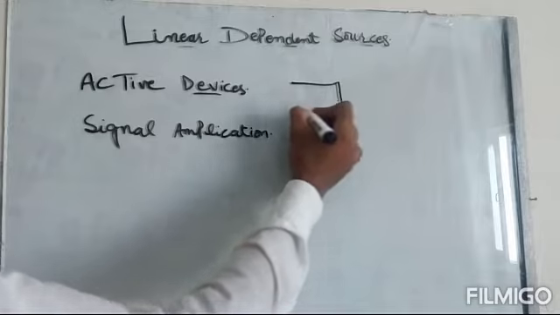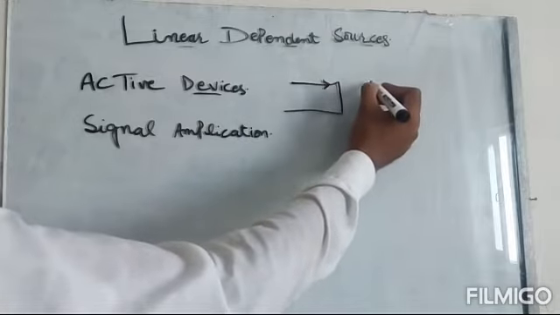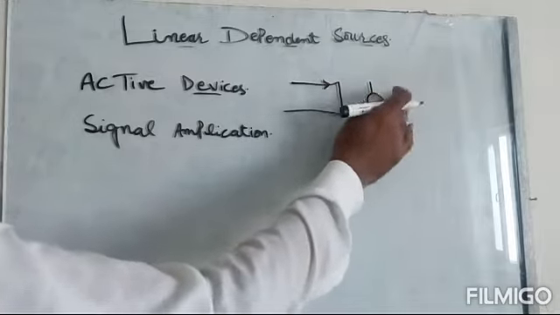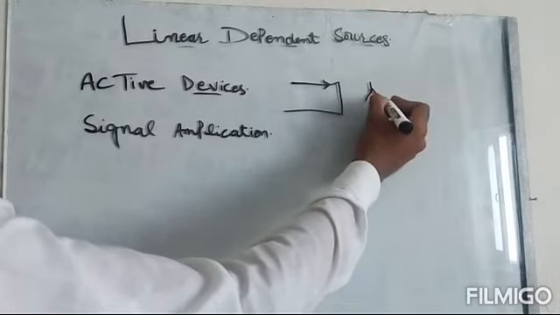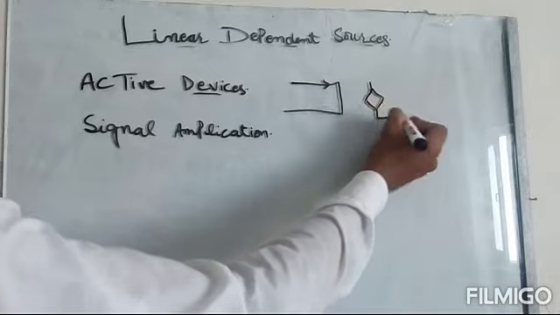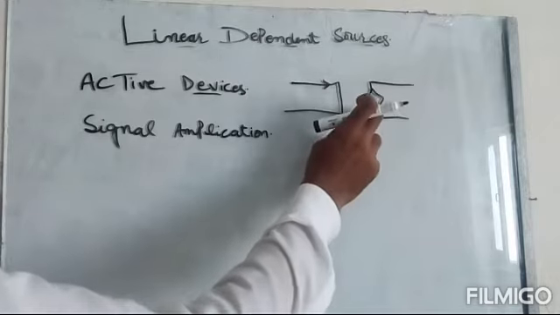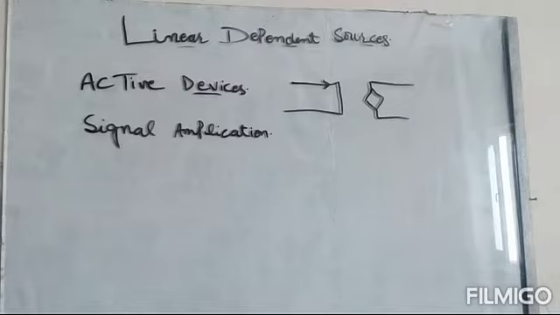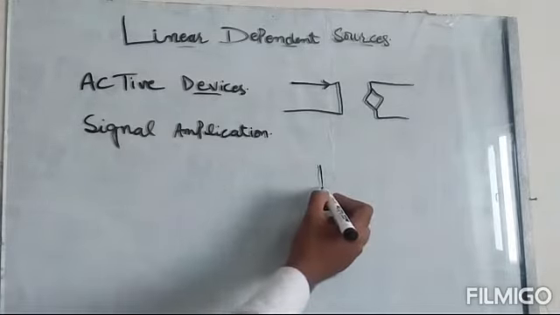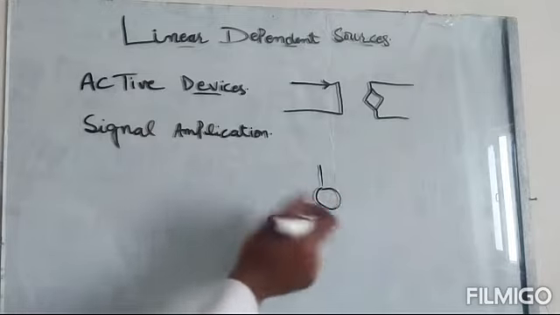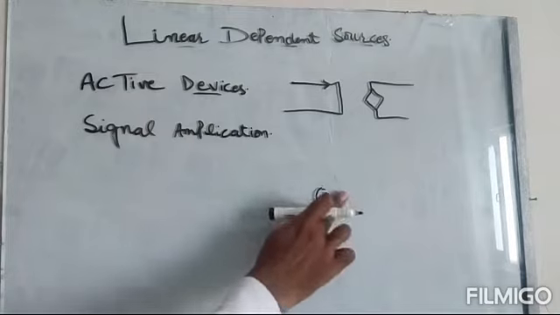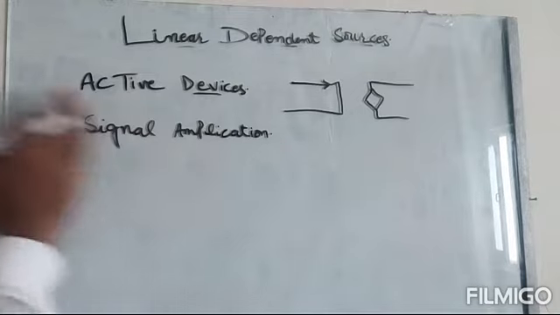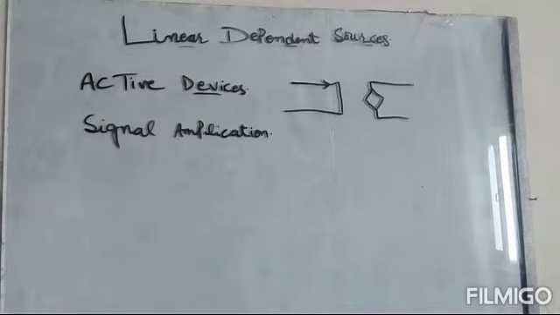For example, there can be a current controlled current source. We will represent our dependent sources with the diamond shape. In the previous lecture we represented our independent sources with a circle with an arrow, or a plus minus sign for a voltage source, but dependent sources will be represented using a diamond shape.